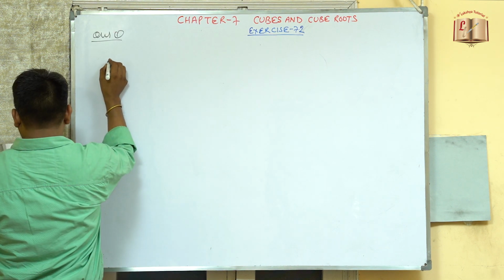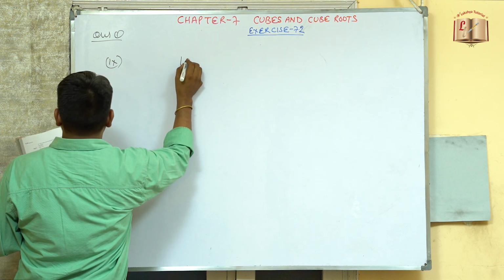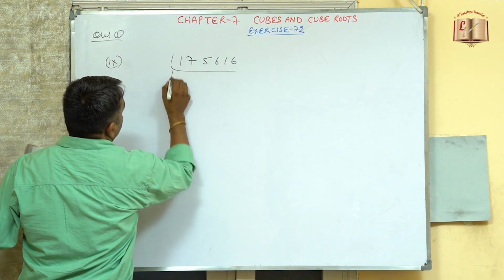Now we will take one more part of this. This is question number 9. So this is 175616.